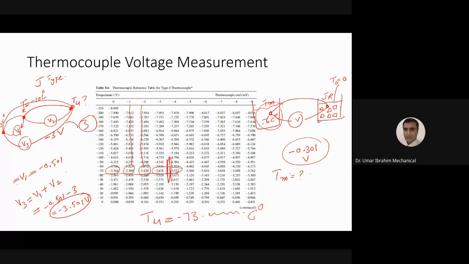Rather, we'll have to solve the equation of thermocouple, which is a tedious work. Okay? But because of law of successive temperatures, we can use a single reference temperature thermocouple table for any reference temperature value usage of the thermocouple. Clear ये बात?